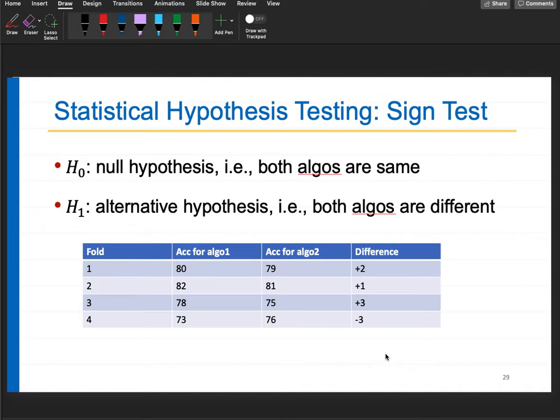The first example, 80 minus 9. Oh, sorry, it was 81 actually. Okay, fine. So the differences are there. This method does not look at the magnitude of the difference. It just looks at the sign of the difference, and that's it.